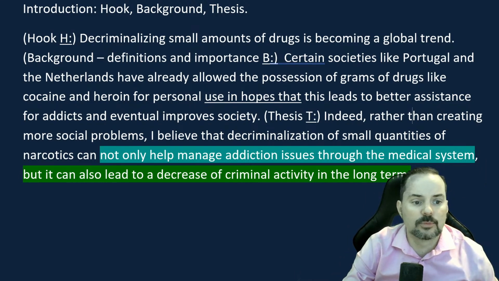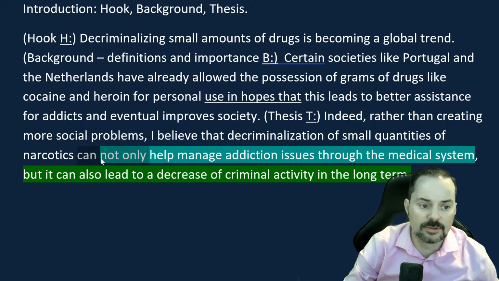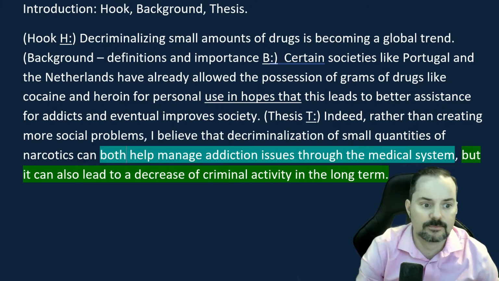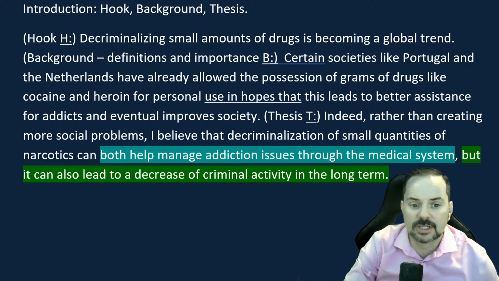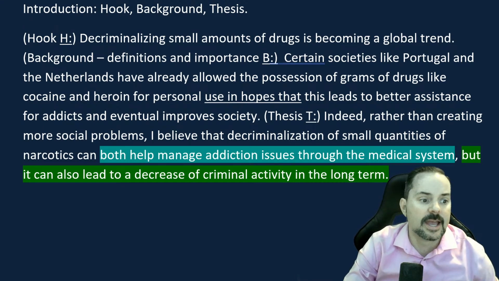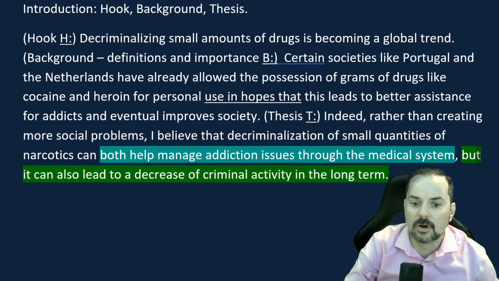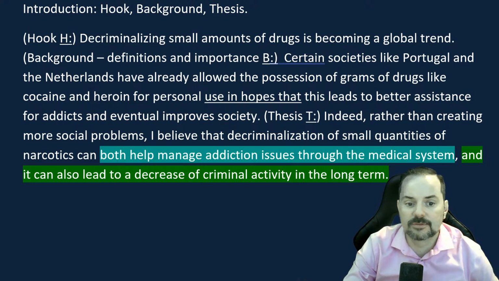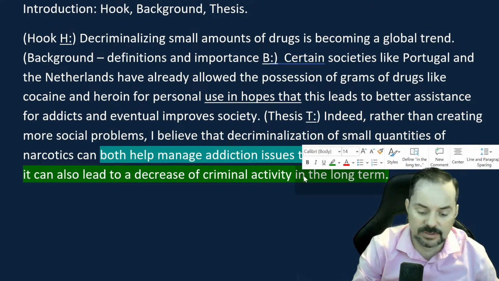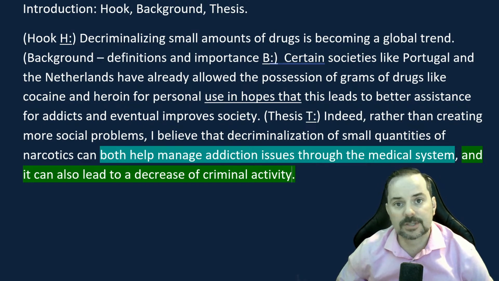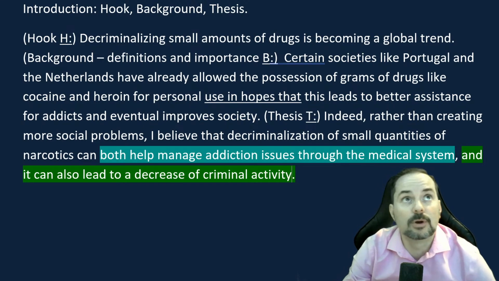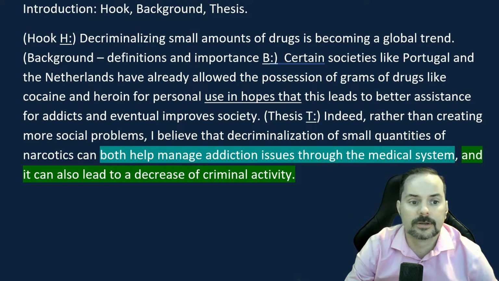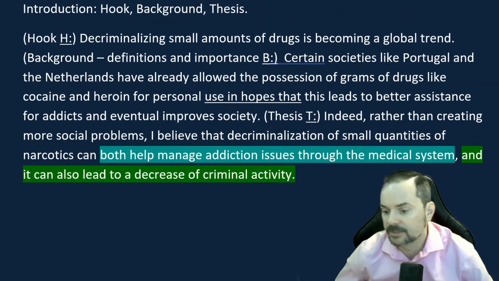Indeed, rather than creating more social problems, I believe that decriminalization of small quantities of narcotics can both, I'm going to go with both and here instead of not only, both, because it's positive, both help manage addiction issues through the medical system, and it can also lead to decrease of criminal activity. Okay, simplify it a little bit. There. Now it's concise, it's clear, it's simple, and we are on the right track to a Band 9 essay.